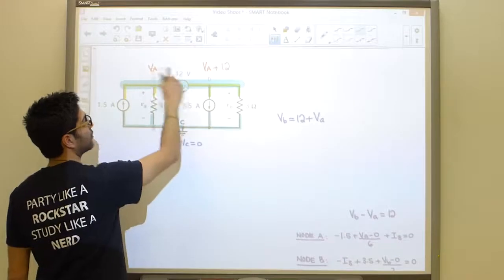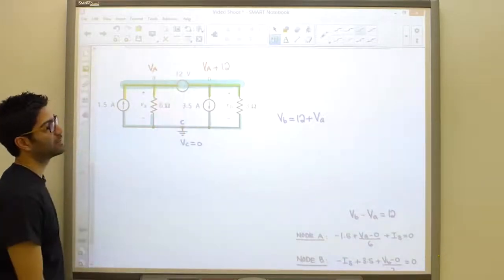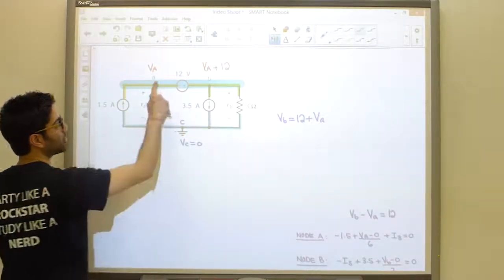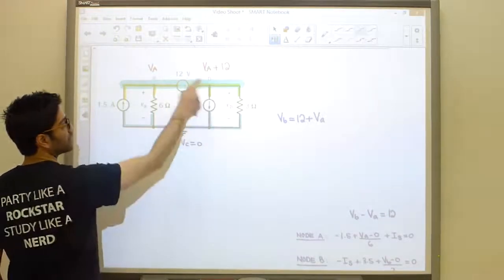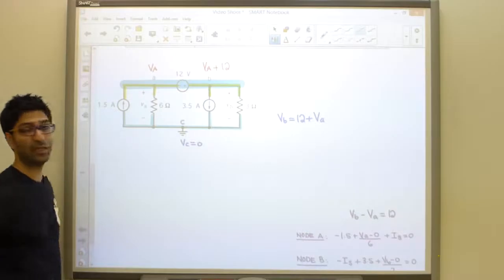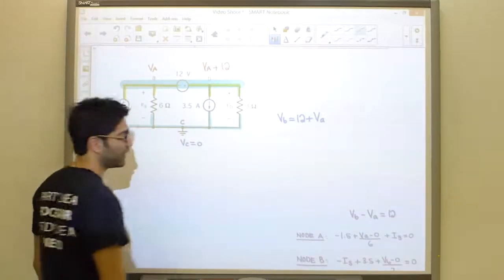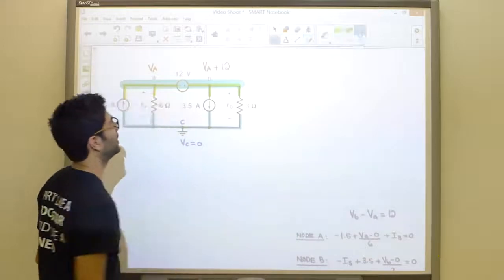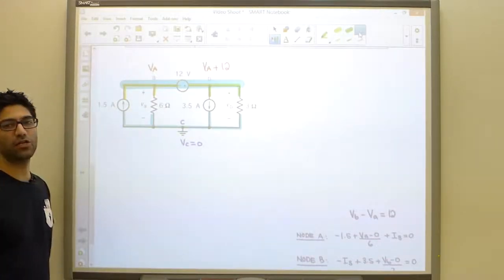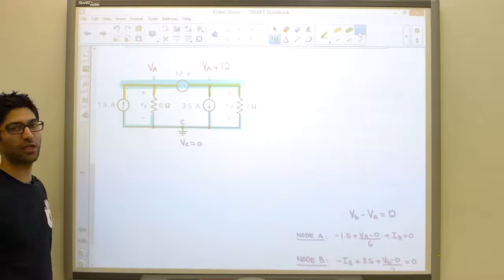If we just write this node like that, using the relationship between VA and VB on either side, we know VB is 12 more than that, and I'm stating that. Then we can get the job done. Instead of having 3 equations and 3 unknowns, guys, watch what will happen. We'll have one equation and we'll get VA and VB just like that.